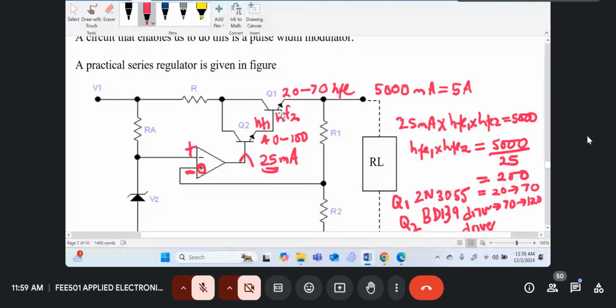And 800 times the drive current from my op-amp will now be, we got it as I think 20,000.